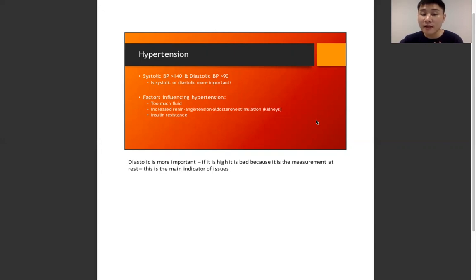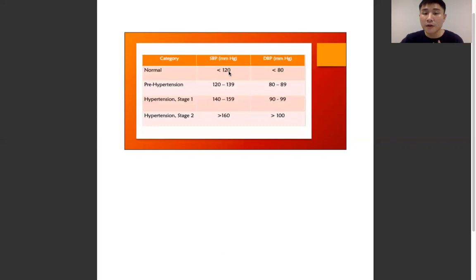Diastolic blood pressure is more important. If it is high, it is bad because it is the measurement at rest. So this is the main indicator of the issues. Like I mentioned earlier, normal blood pressure is 120/80.